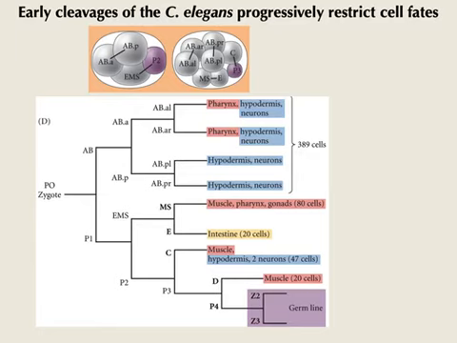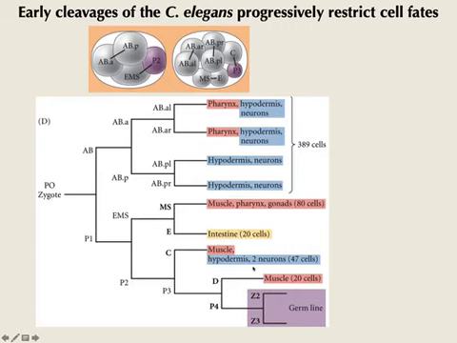But sticking to C. elegans, one of the key points is, like I was saying, the divisions are stereotypical, so people could reconstruct these ontogenetic trees. So what does that mean? That means the first cell, the zygote, divided producing these two, then P1 divided producing these two, and so on and so forth.